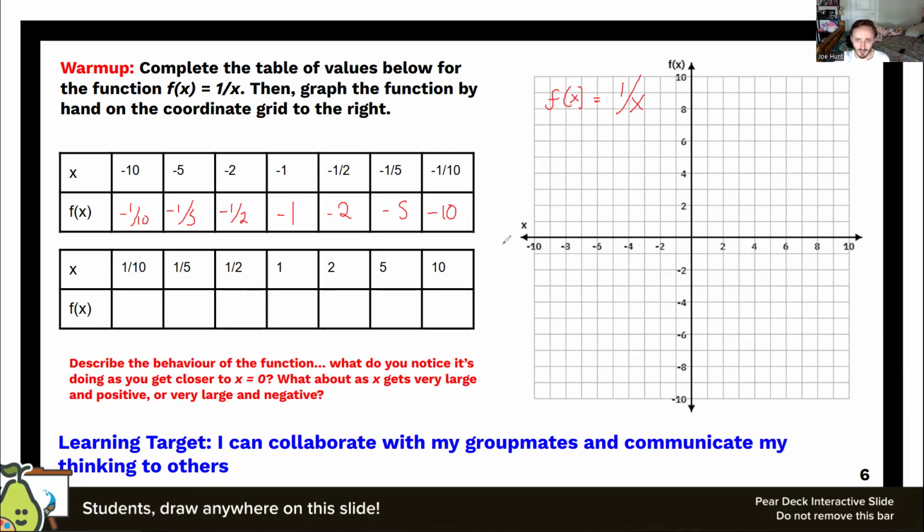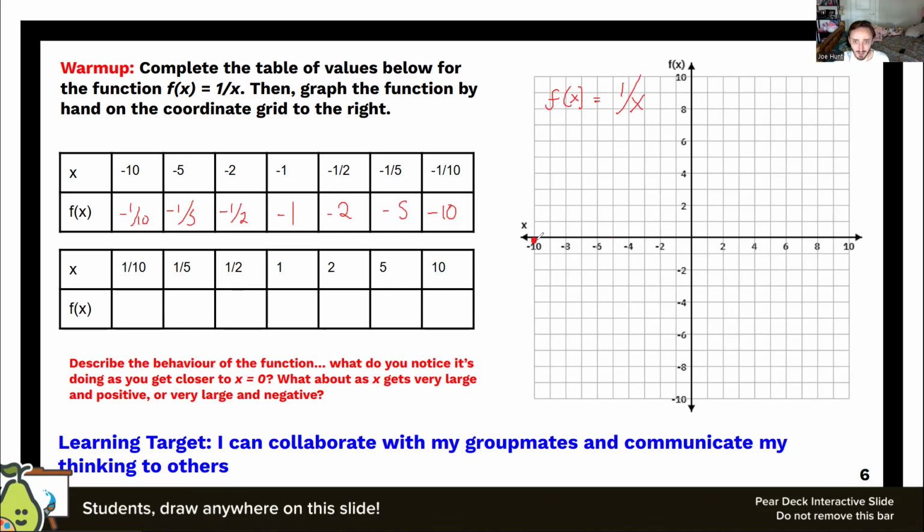So the larger the input is in the negative direction, the smaller the output is. But similarly here, the smaller the input is in the negative direction, the closer we are to the y-axis, the larger the outputs are in the negative direction. And I'm on the wrong side of the axis here. I've got to put these below. Whoops, let's fix that.